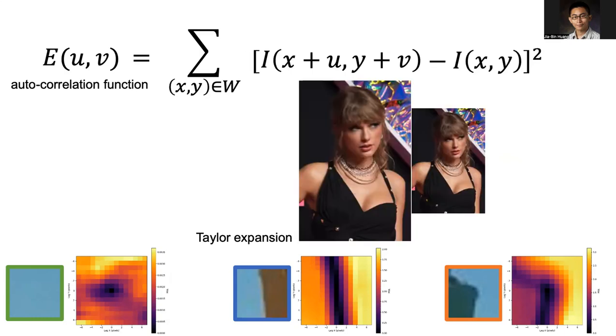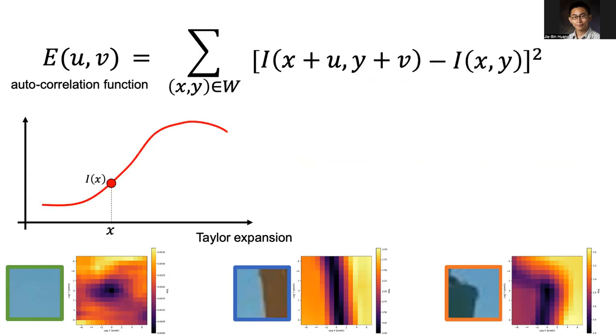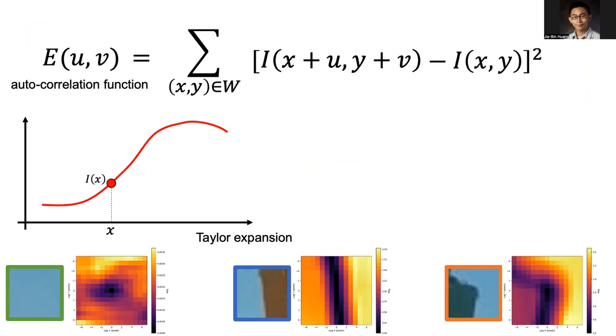So what you do is apply a Taylor expansion. In the 1D case, let's say you have this signal. You have this location x, and I(x) is the intensity at this location. Because the image has changes, there is a gradient.